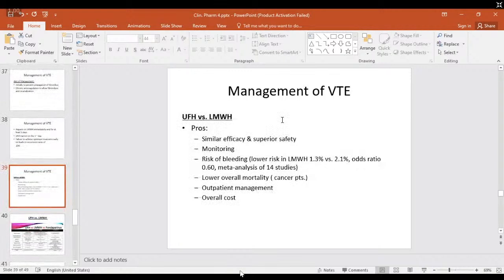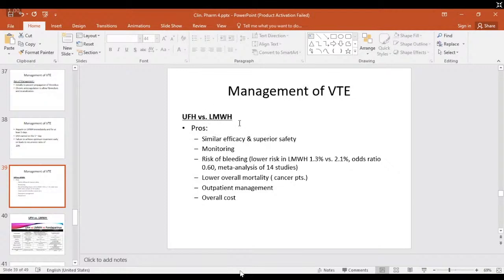Which treatment should we prefer, unfractionated heparin or low molecular weight heparin? Actually, several very large studies have shown that low molecular weight heparins are a better option. And here we can list nadroparin, enoxaparin, dalteparin as examples of low molecular weight heparins.